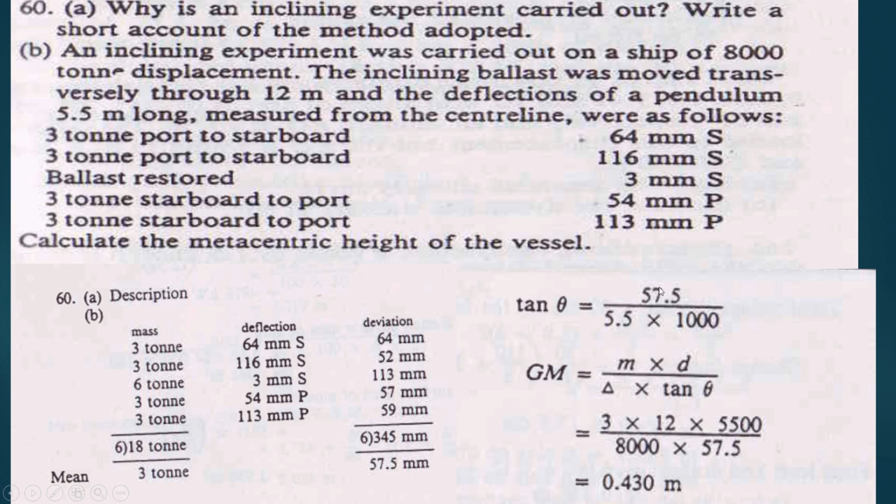So tan theta value is 57.5 divided by 5.5 into 1000, which is 5500. So 57.5 will be here, and that 5500 goes up. So after multiplying and dividing, we will get the metacentric height of the vessel. So this is how we get this value.